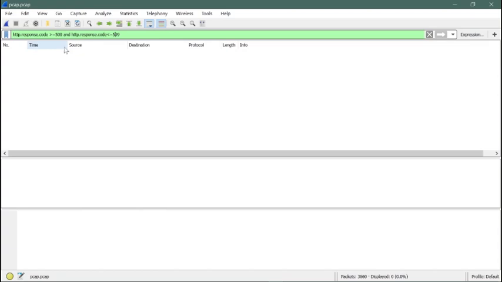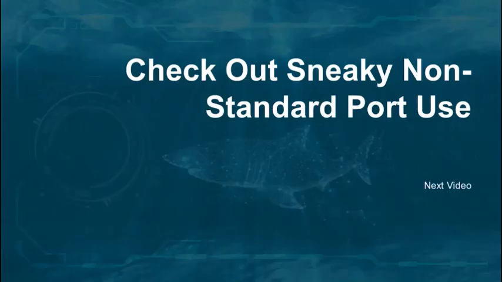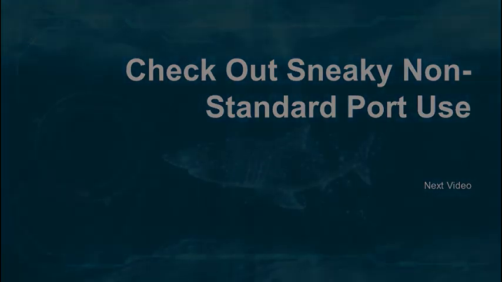As you can see, there are none, because we used the command with greater than or equal to 300 that presented us all the results from 300 and above. So there are no server errors in this network traffic capture file. That was it for today, and now you can go ahead and click on the next video and learn how to check out sneaking non-standard port use.